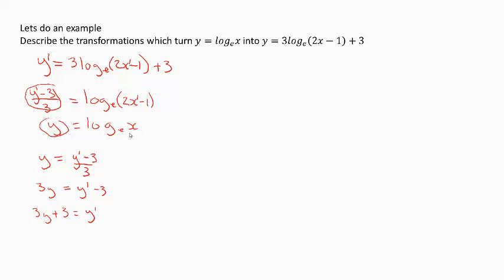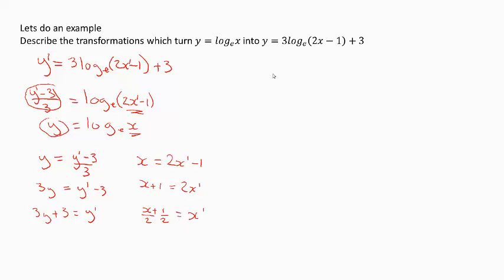And I do the same thing here with the x and the x. In place of the old x, I now have 2 times the transformed x take 1. So x plus 1 equals 2 times the transformed x. So x plus 1, I'm going to divide by 2, equals the new x.